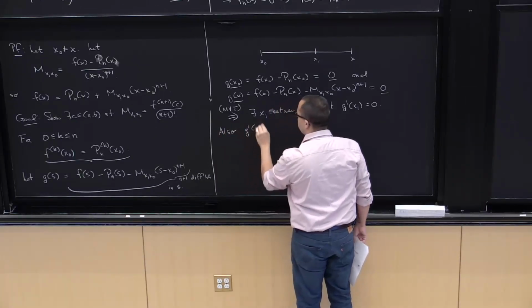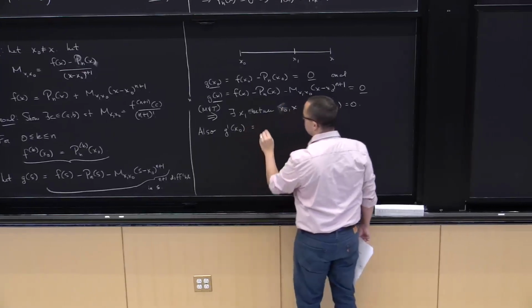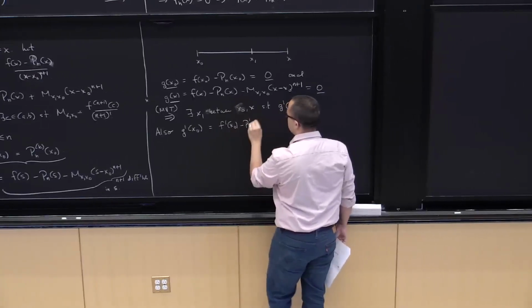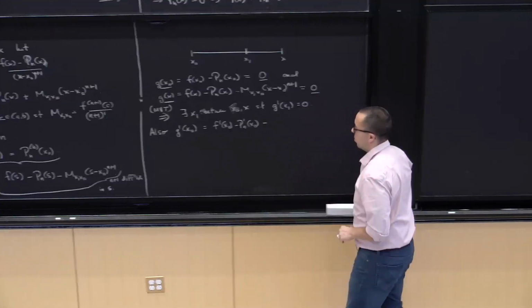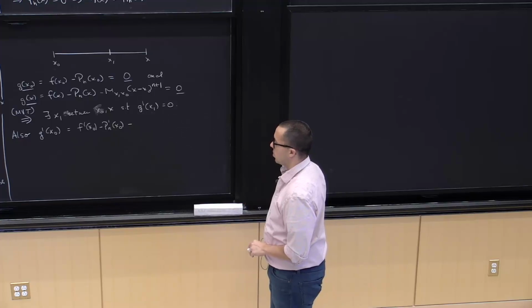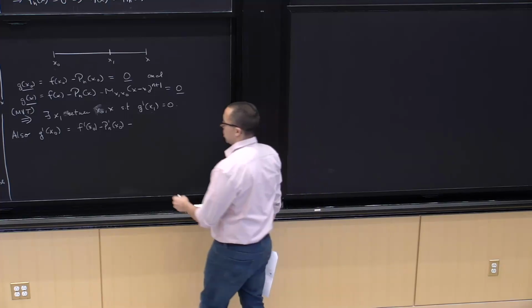if I look at the derivative of g at x0, this is equal to f prime of x0 minus Pn prime of x0 minus, now here I'm working under the assumption, just for illustration purposes, that n is bigger than or equal to 2.